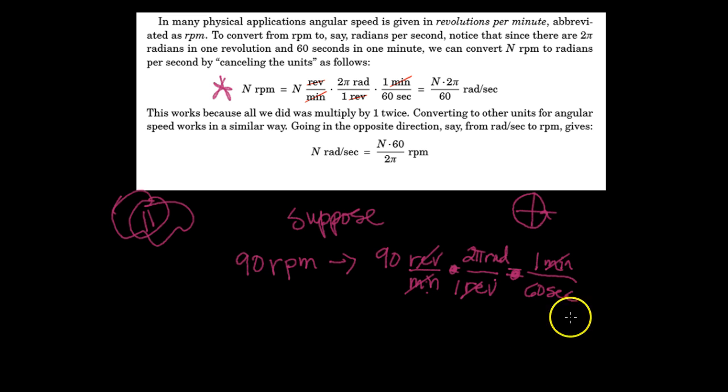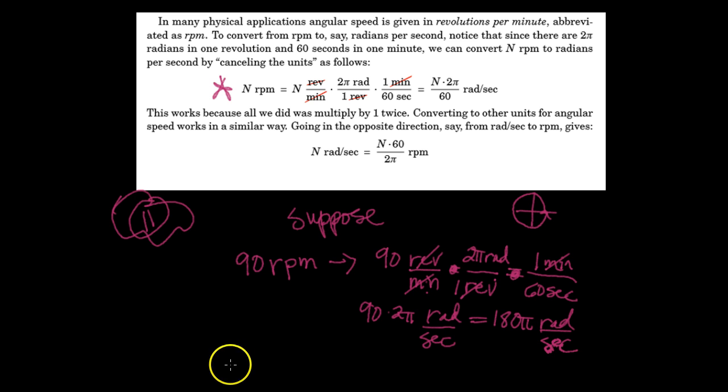So now I have 90 times 2 pi radians. And then I'm down to radians per second, which is what I wanted. And that, remember, is angular speed. So now I have the angular speed versus RPMs, and that's 180 pi. So you could just say that's 180 pi radians per second. And that'll help you with number 11.